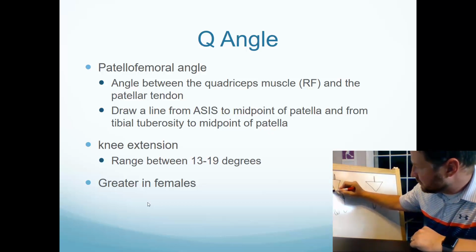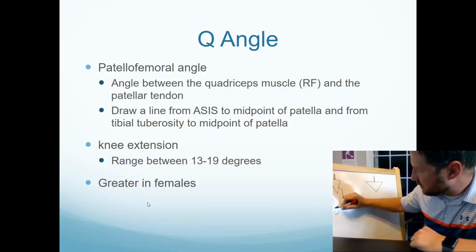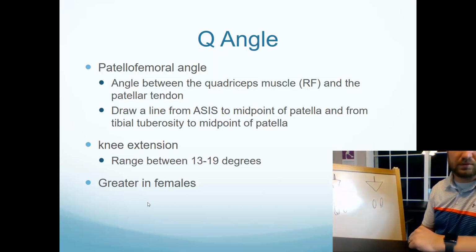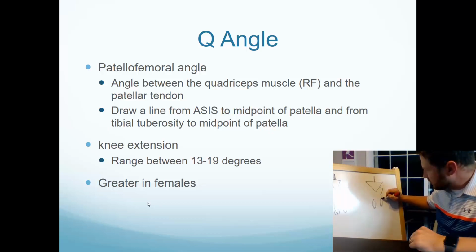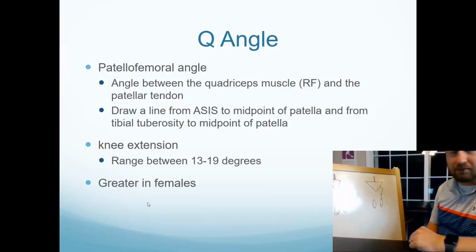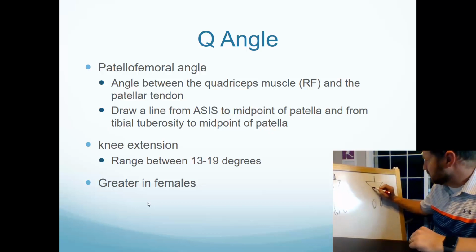Femur out, down, knee, tibia, foot. Okay? What happens in females is that those femurs come out and then they have to make an abrupt change to come down and meet the feet. Now, there are lots of other things that come into play, and this isn't the only factor, but this is one of the main factors.